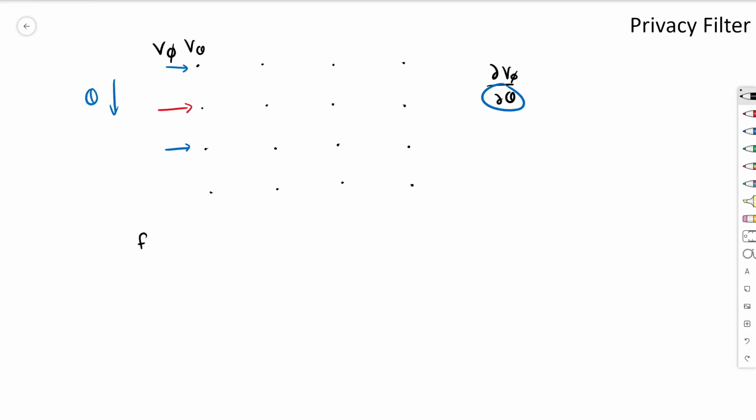What we're going to do is say v phi at i plus 1 minus v phi at i minus 1, divided by 2d, is going to be approximately equal to dv phi d theta for this point. This is a pretty well-known method of doing things. I honestly don't want to get into the math of it.